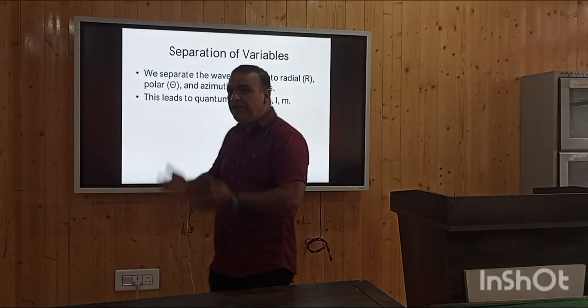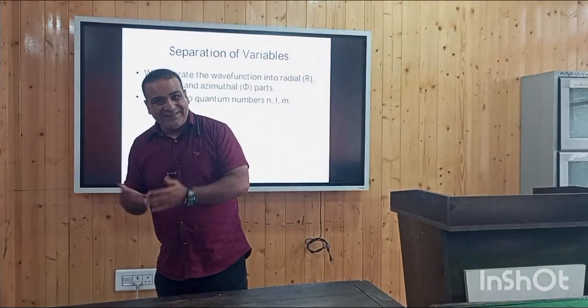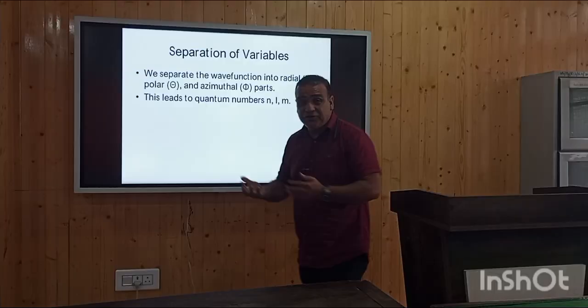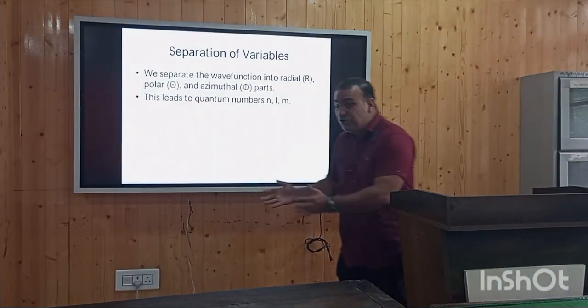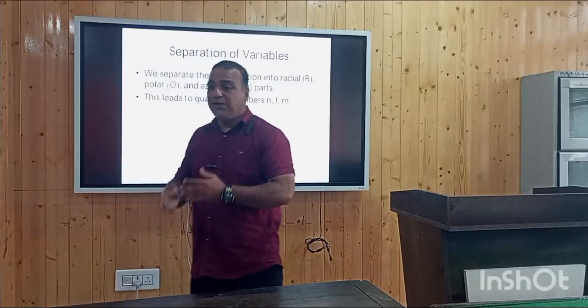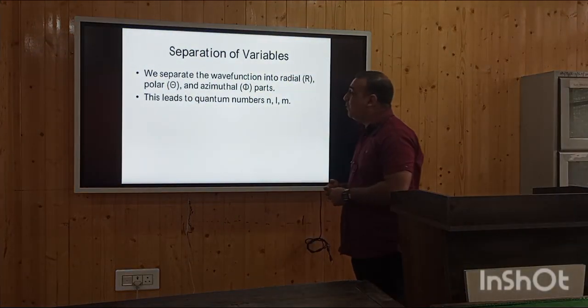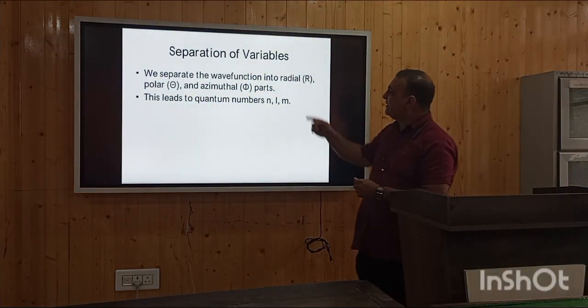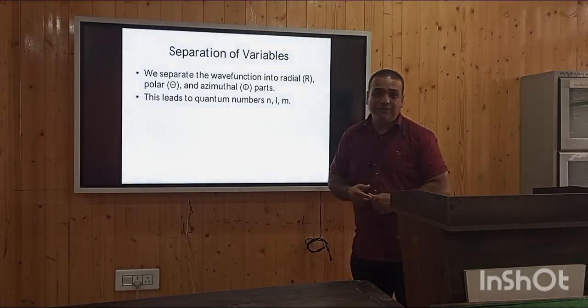We come up with three equations independent of each other. These three equations come into existence by introducing those boundary conditions, by introducing those constants in the equations. And this leads us to the quantum numbers.